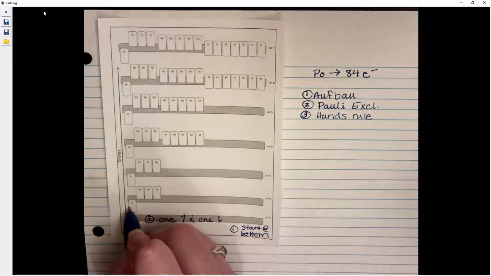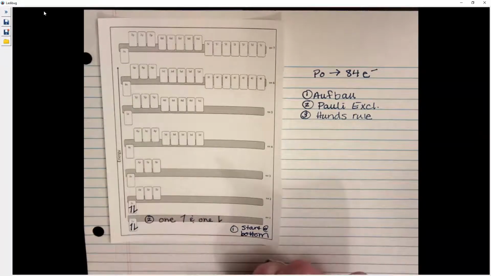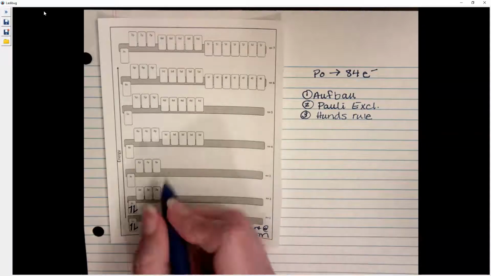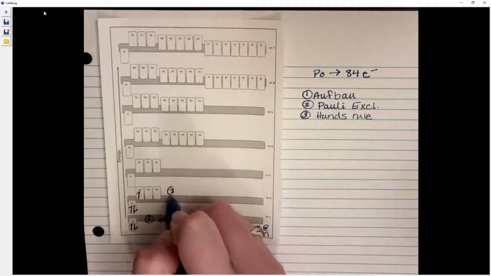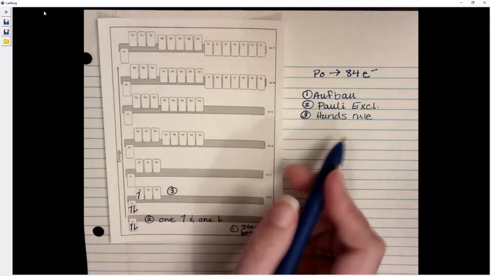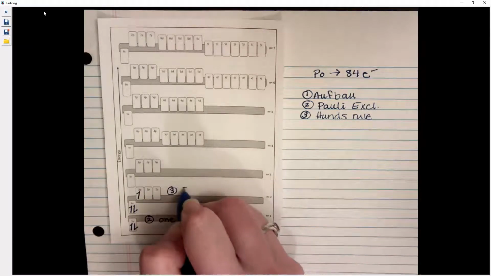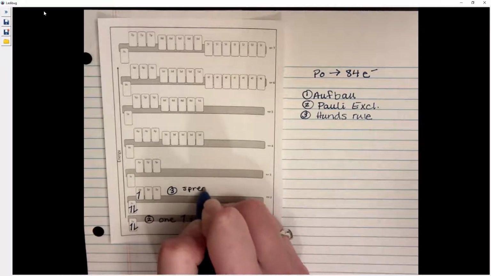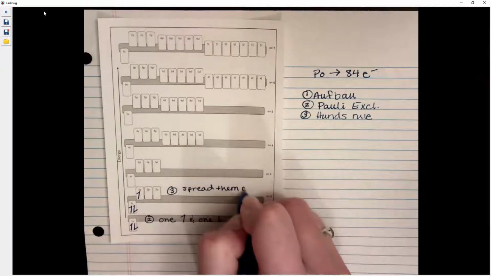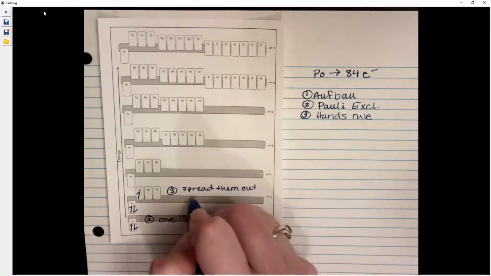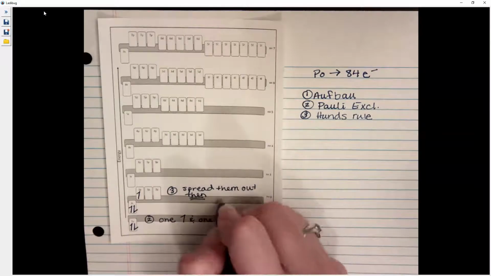Now I need number 3 and number 4. Here's number 5, and now at this point I need to use Hund's Rule, which says that I need to spread them out, then pair them up.